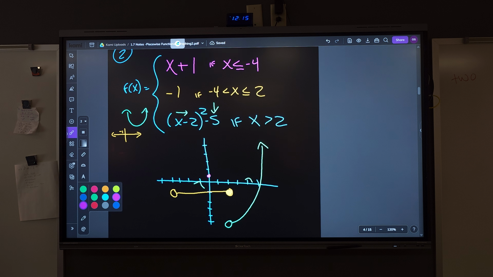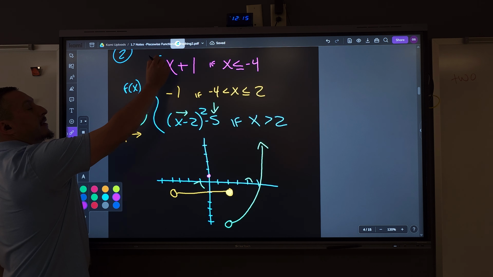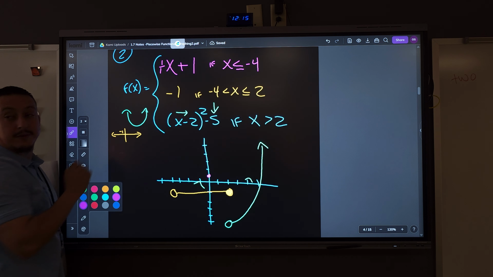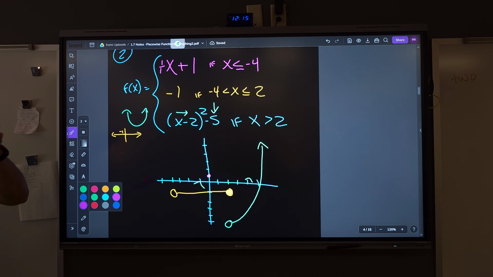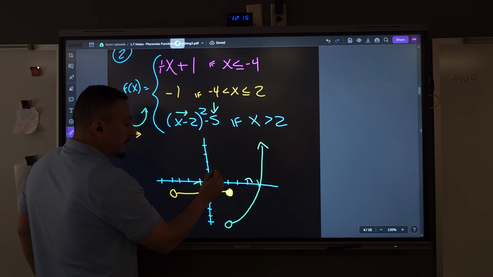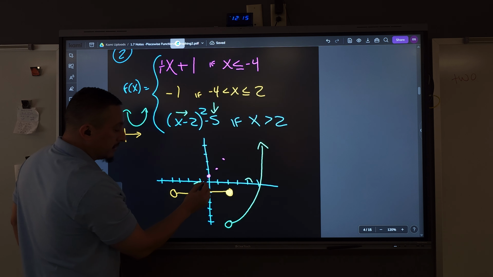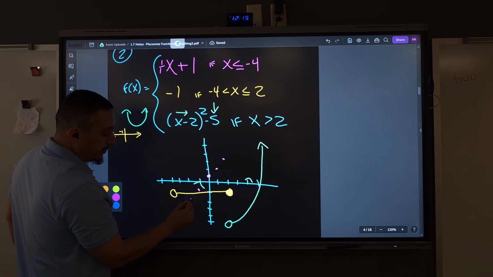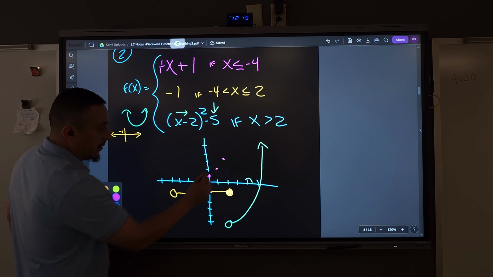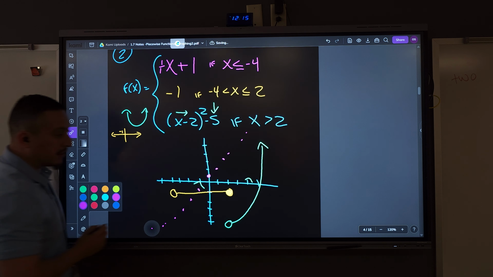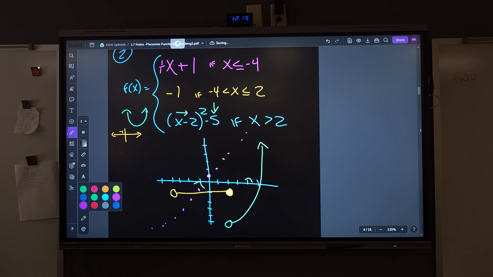How am I going to move on this one? Can I use a ratio? What's the slope? 1 over 1. It's a positive, so up 1 over 1, up 1 over 1, down 1 over 1, down 1 over 1, down 1. That's what it's going to look like. So I could connect all those dots, but I need a cut.